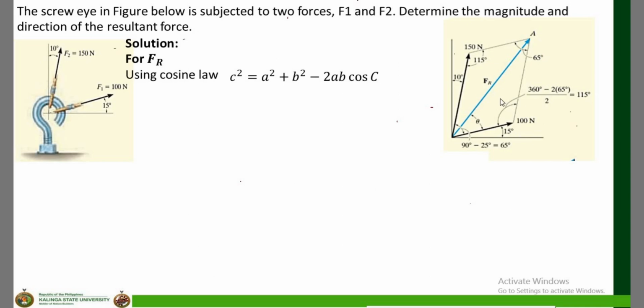Okay, so going back to this one, originally we have the 100 newton force and the 150 newton force.